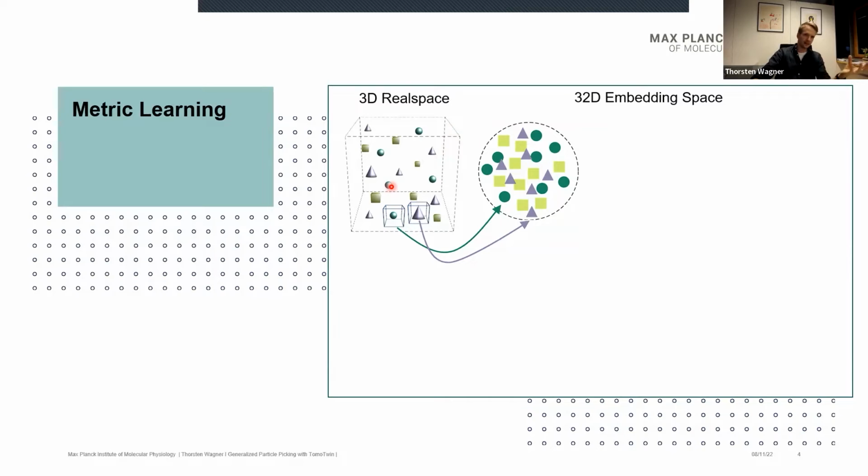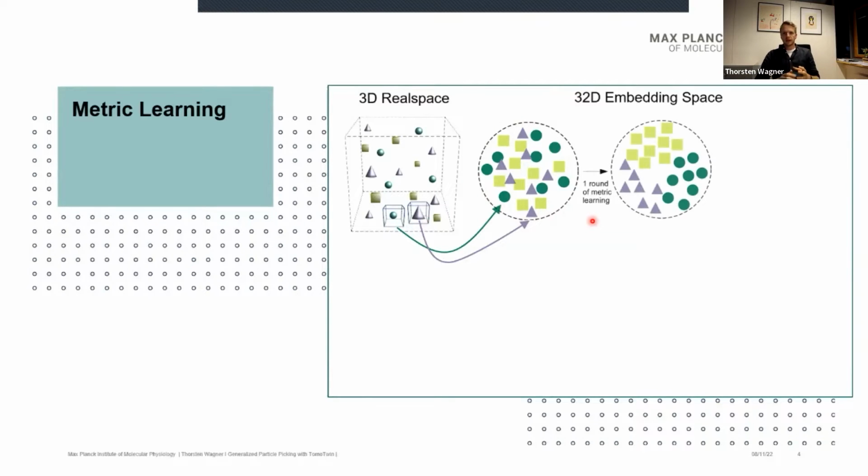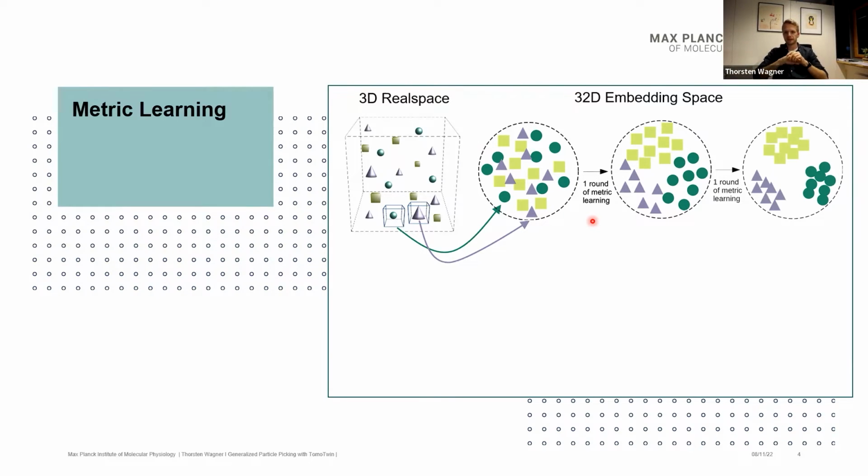The next step is that we embed each of those subvolumes in a higher dimensional, 32-dimensional space. Then we apply several rounds of metric learning, and we want to force a model to learn to put objects of similar classes close together, and objects of dissimilar classes far away from each other.